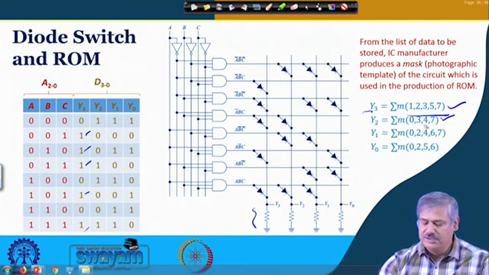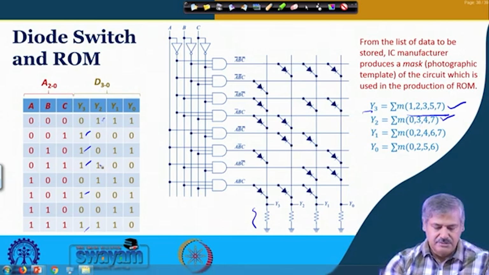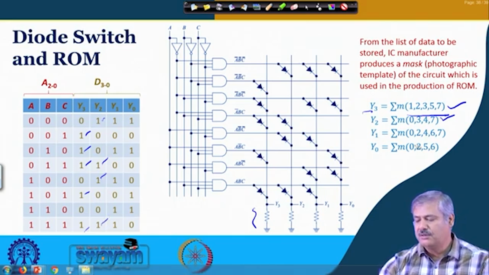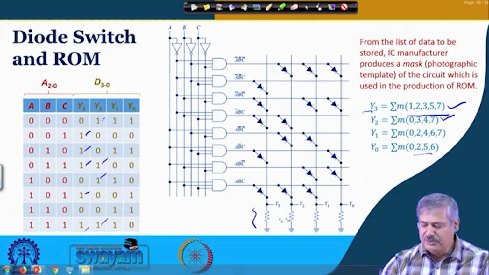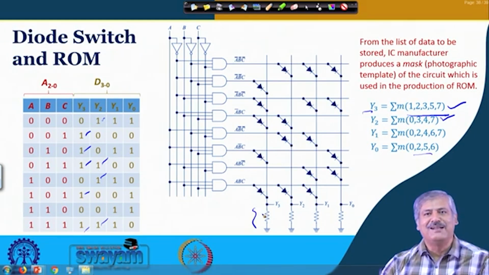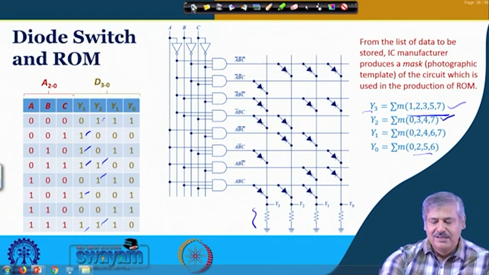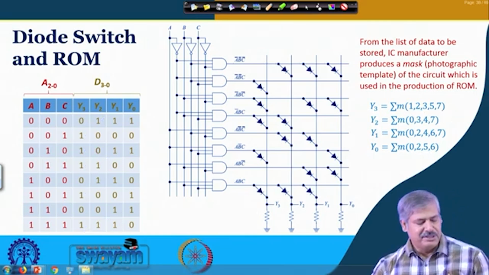If you look at 0, 3, 4 and 7, Y1 is 0, 2, 4, 6, 7 and Y0 is 0, 2, 5, 6. Is it fine? So, here we do not see an OR gate as such specifically put, only diode and resistance, but this is also giving you a decoder OR equivalent relationship. Okay, fine.